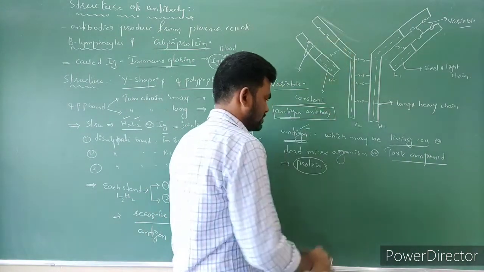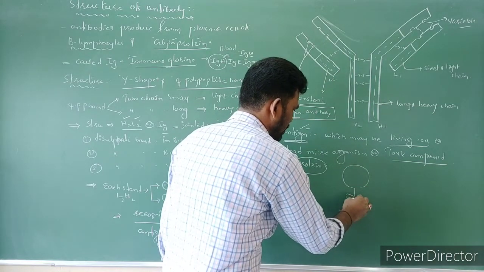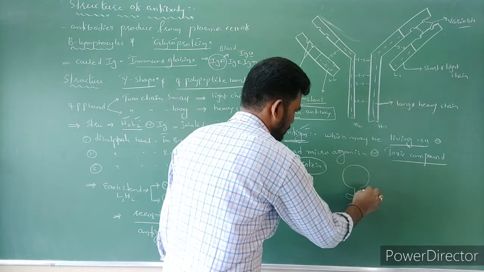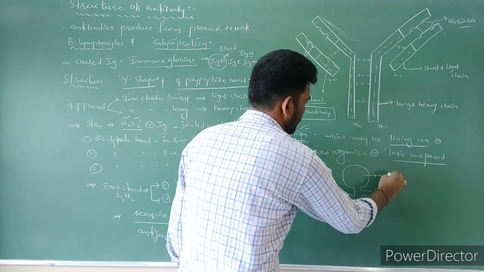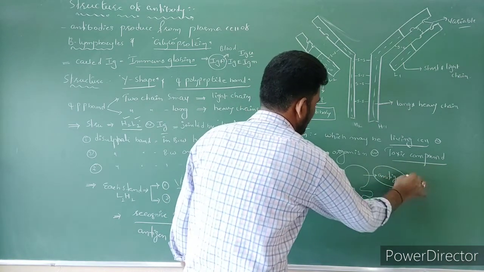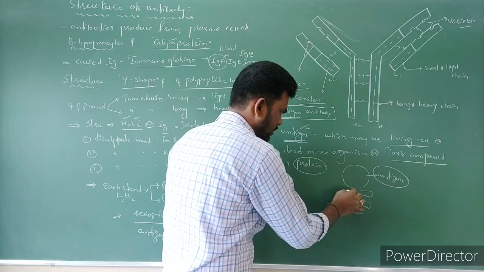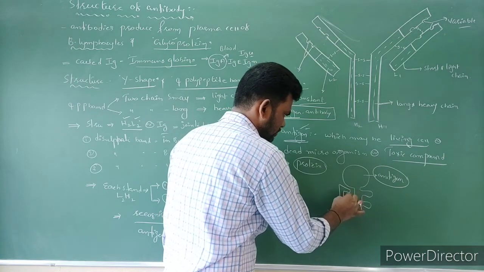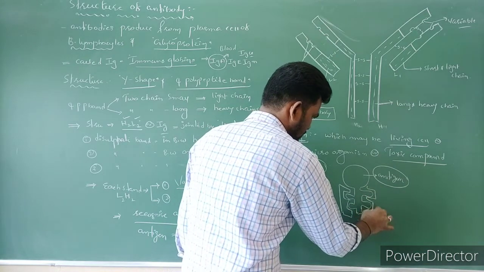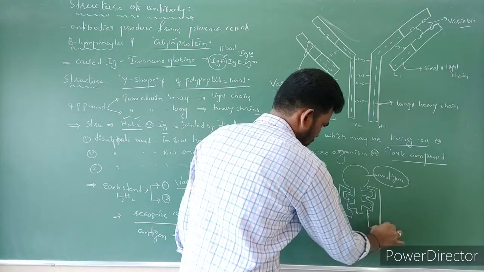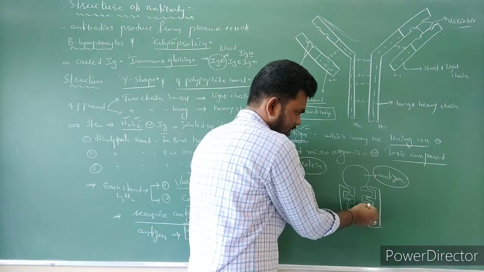Now this antigen is going to bind at the antibody location. Simple. For example, this is one antigen. The antigen structure is, for example, like that. It is going to bind in particular locations. Here these are the binding sites.